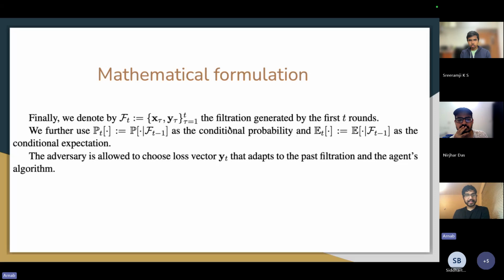And some final few notations: F_t is nothing but the filtration that gets generated over rounds, and this P subscript t and E subscript t is just the probability and expectation conditioned on the past filtration. And we allow the adversary to be adaptive, that is, based on the past filtration and the agent's algorithm, it can adaptively choose the next loss vector.